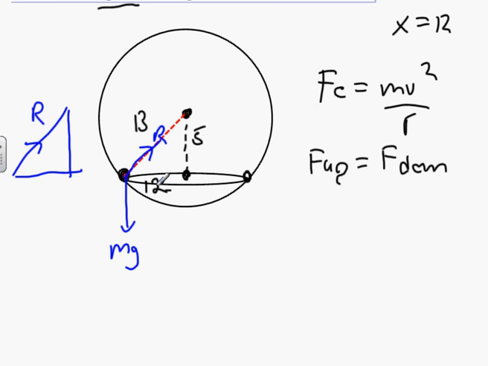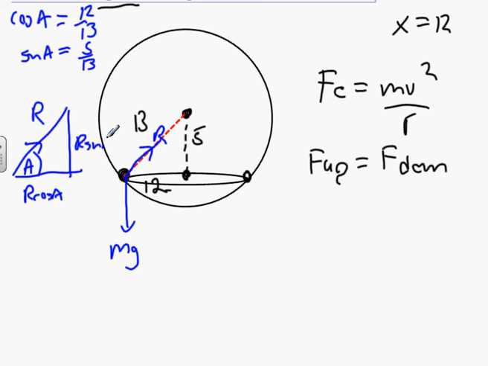So we're talking about cos A being 12 over 13, and sin A being equal to 5 over 13. So this being A, this being R cos A, this one being R sin A. So R cos A is 12 over 13 R, and R sin A being 5 over 13 R. Okay guys, forces up versus forces down, let's go.